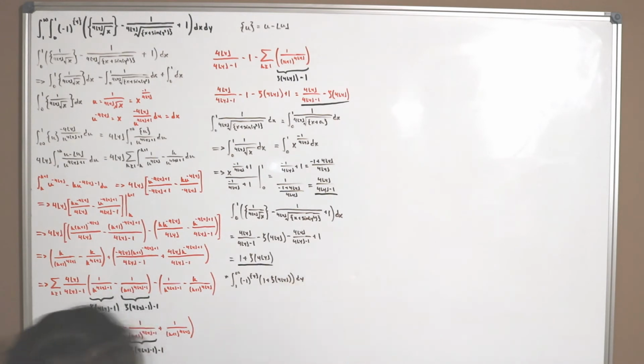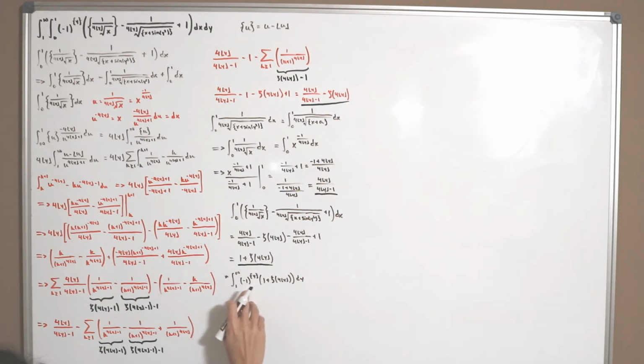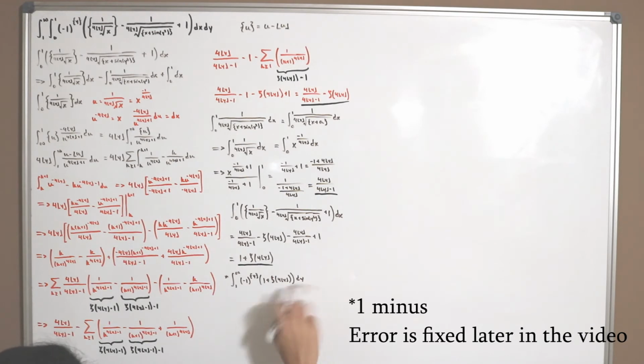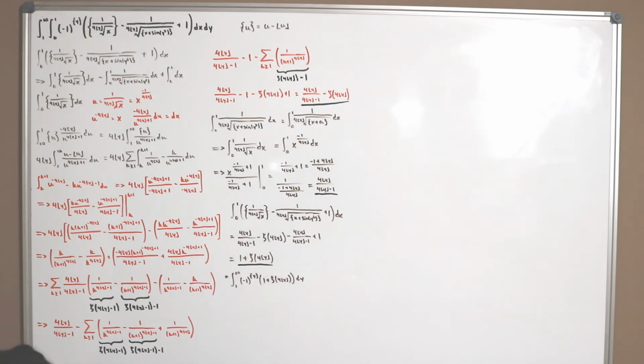Don't forget about that. Now the obvious thing you could do is distribute the -1 to the fractional y into our 1 plus the Riemann-zeta of 4 floor y. But it's not as simple as you think it's going to be. It's not going to be easily integrable in that sense.